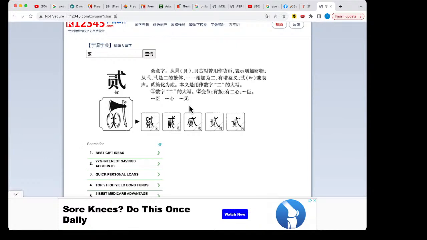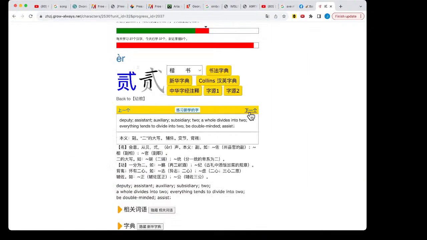Basically this is a counting number in ancient times, usually for money, which is why there's a 贝 right there. But now this character is only used in the context of writing checks. When you're writing checks, you need to write this one for two, 贰.